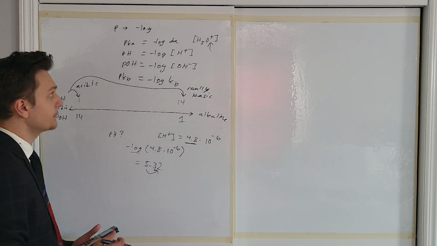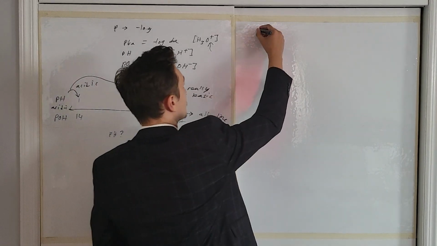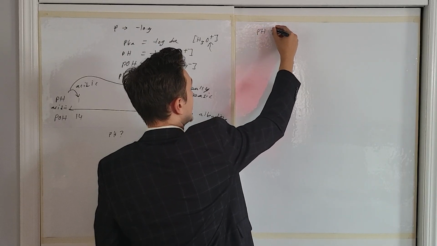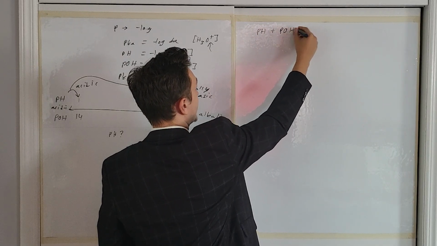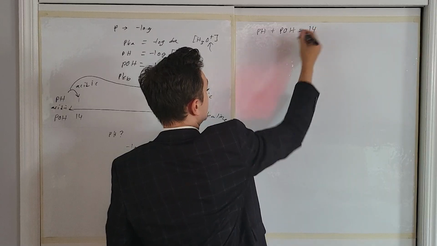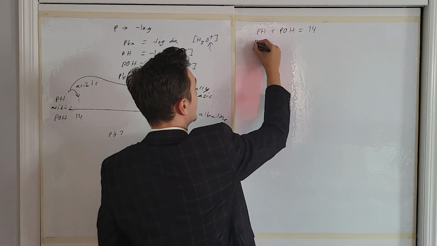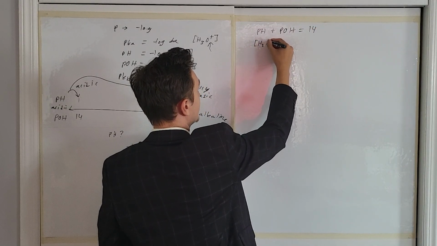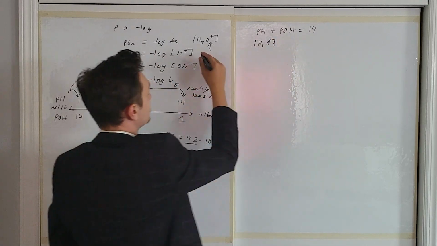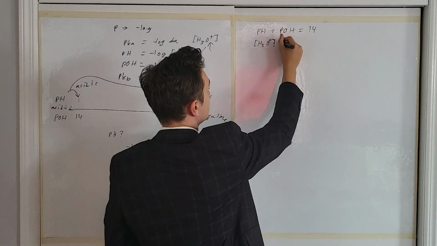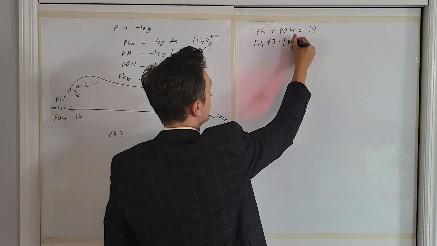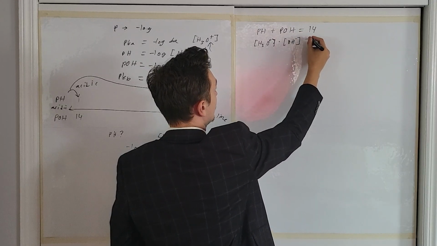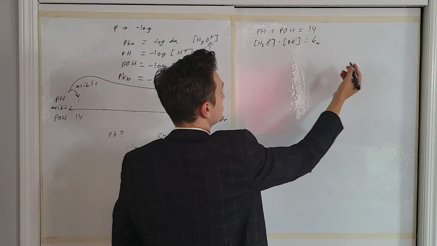Now, let's talk about a few more rules, okay? My pH added to my pOH must always equal 14, okay? My concentration of acid, H3O+ or H+, remember these mean the same thing, times my concentration of OH- must always equal Kw.